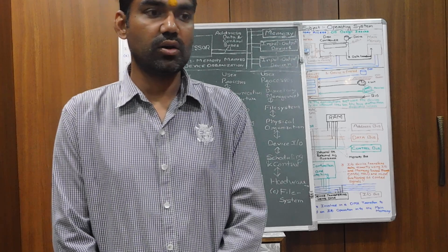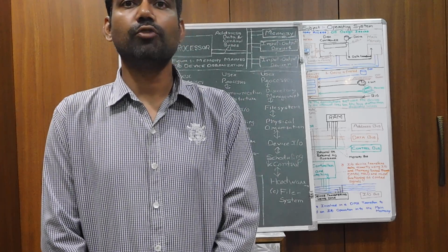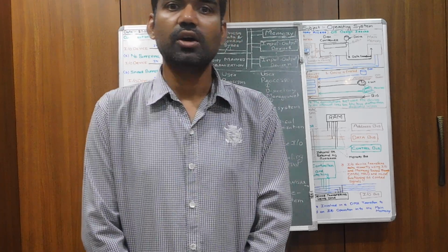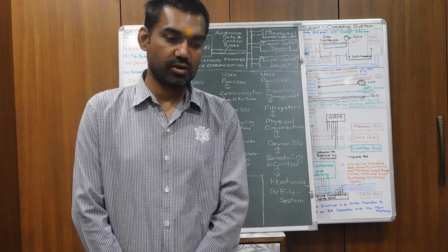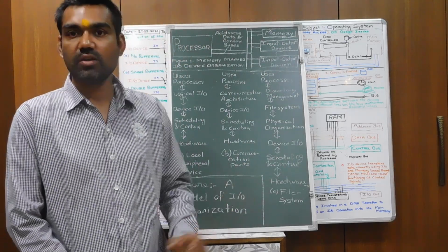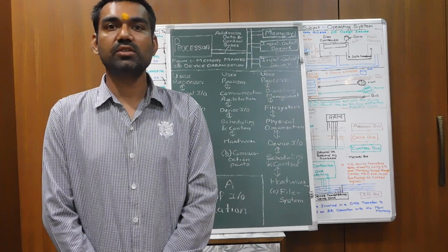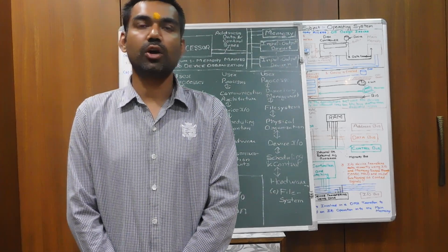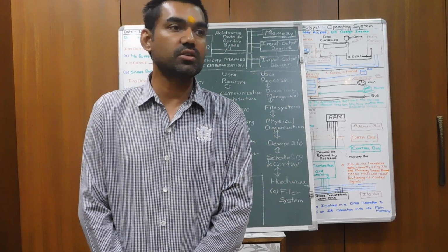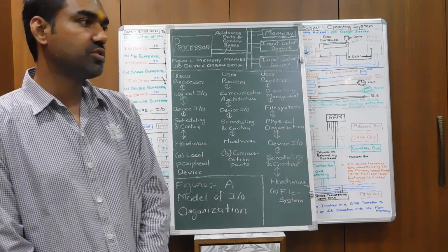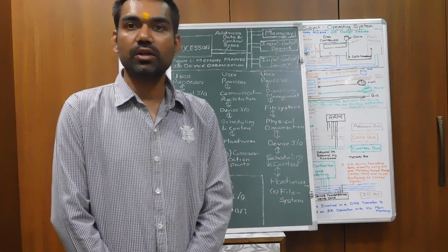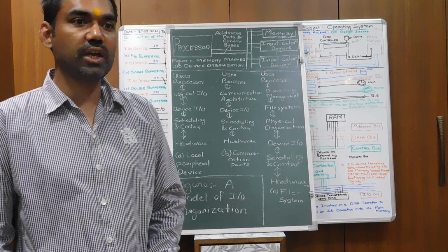Like the processor wants to communicate with the memory, likewise the processor may want to communicate with the various IO devices also. So how is this communication going to take place?